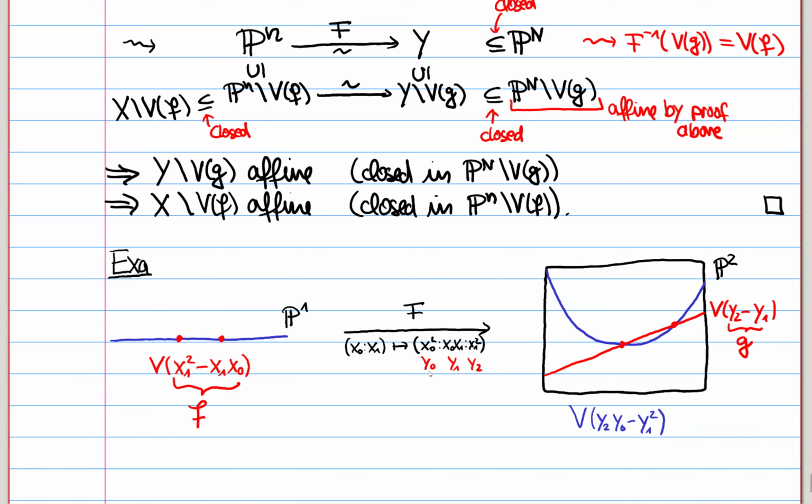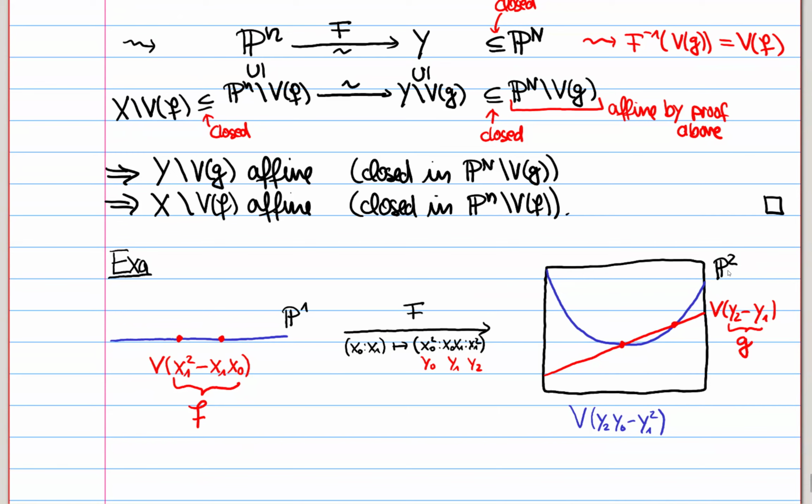And you see the Veronese coordinates y0, y1, y2 correspond to these monomials here. And then this f, so this x1 squared minus x1 x2, corresponds to the monomial here, y2 minus y1. So this is g under this translation. And then you see this is the vanishing locus of g, and it intersects exactly in these 2 points corresponding to the image points of these 2 points here in P1.